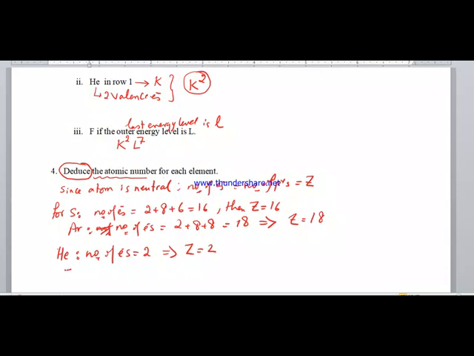For fluorine, the number of electrons: we have 2 and 7. 2 plus 7 is equal to 9, so its atomic number Z is equal to 9.